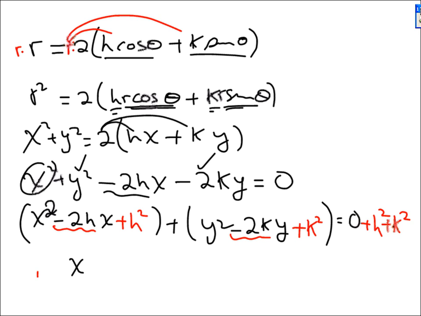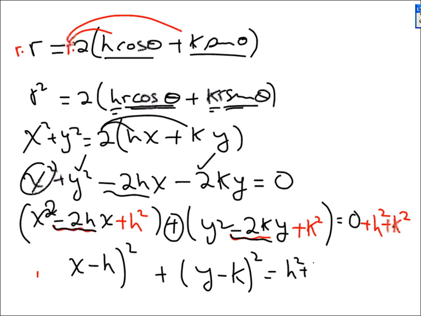It's x followed by half of negative 2h, which was negative h, all squared, plus y followed by half of negative 2k, which is negative k. And this is equal to h squared plus k squared. H squared plus k squared, that's my radius squared. Remember, x minus h squared plus y minus k squared is equal to r squared. That's a circle centered at h, comma, k.